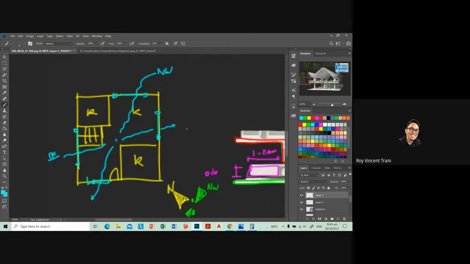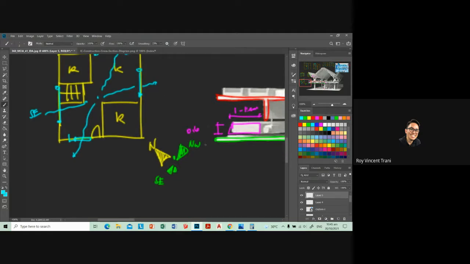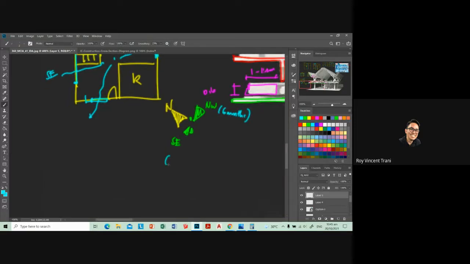That's why we really prefer open plans for houses, especially in the tropics, because it allows for more natural ventilation. It doesn't matter what time of the year, because the north wind monsoon happens for six months, and the southeast monsoon happens for another six months.